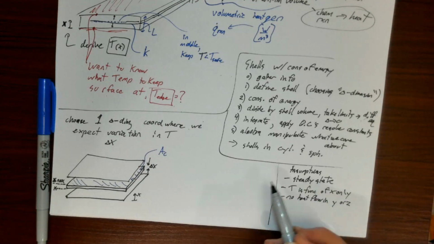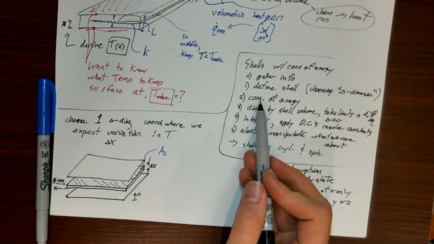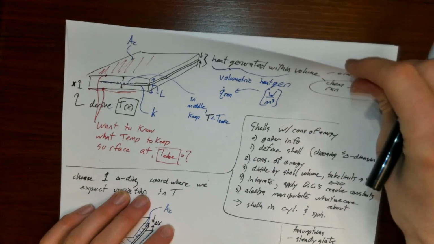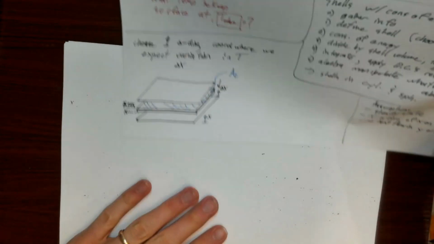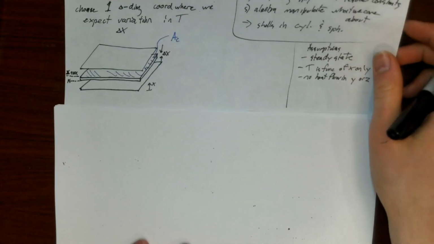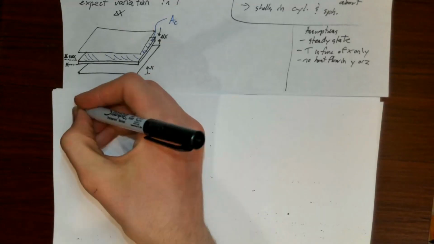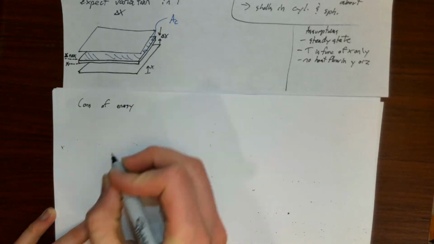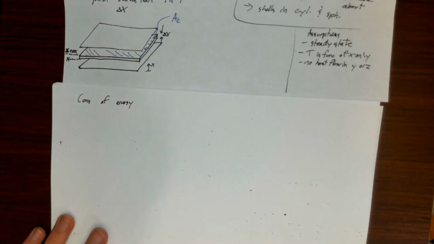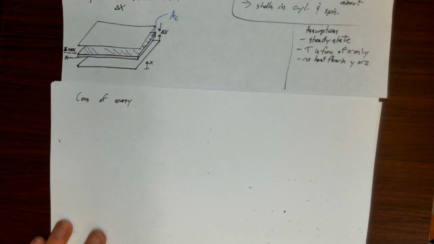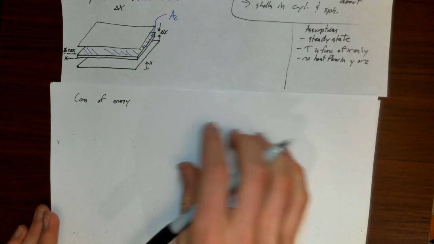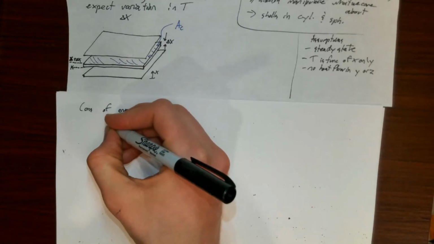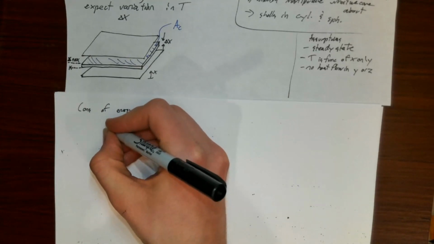So with these assumptions in place, we can now proceed with thinking about conservation of energy for the system. I could plop down that whole big long version of conservation of energy that we talked about in the previous lecture, or I could start with a slightly more abbreviated version of it right here. I'm going to do the abbreviated version today.